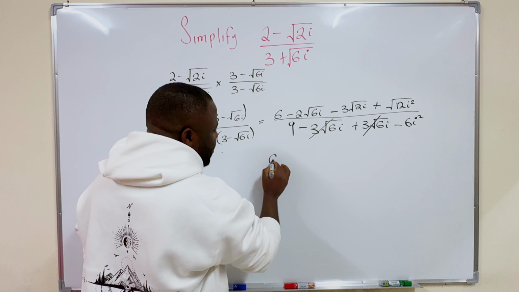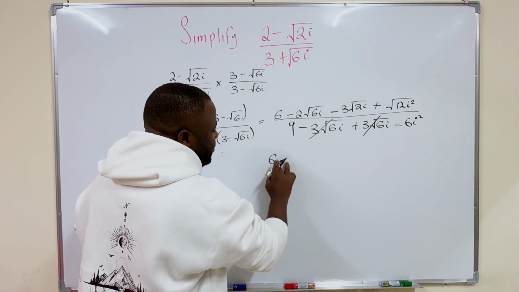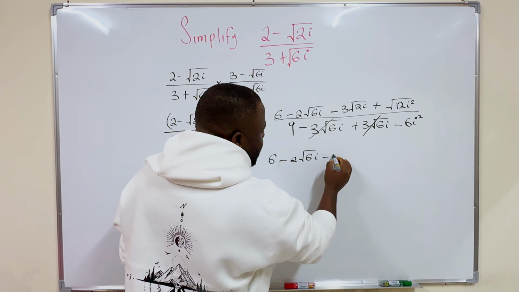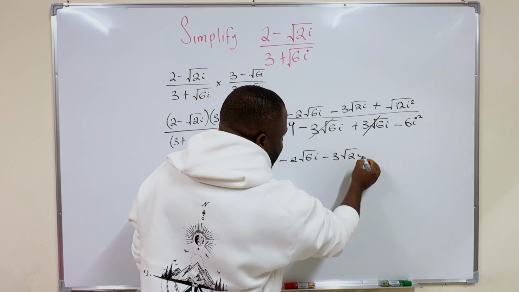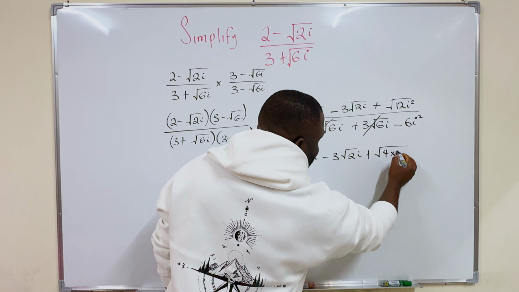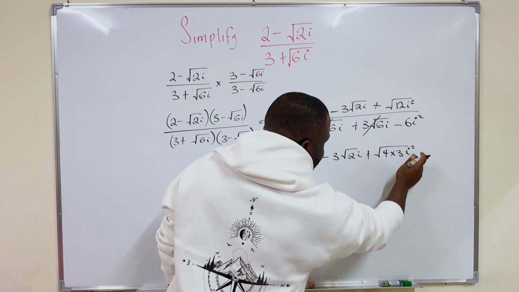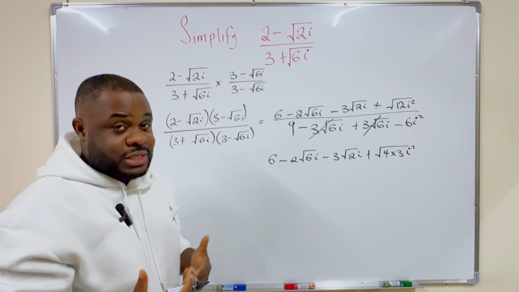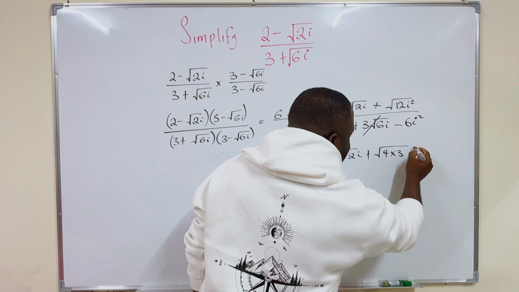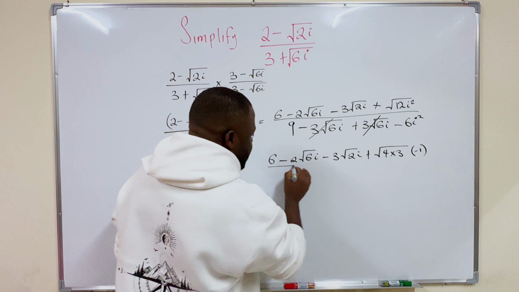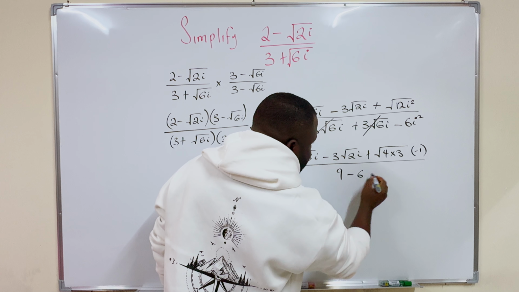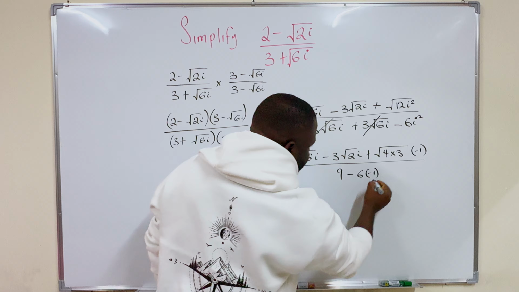So here we now have 6 minus 2 square root of 6i minus 3 square root of 2i, then plus square root of 12 i squared, which is 2 square root of 3 i squared. Note that i squared is negative 1, so I can just write here multiplied by negative 1. Over, we have 9 minus 6 i squared, where i squared is negative 1.